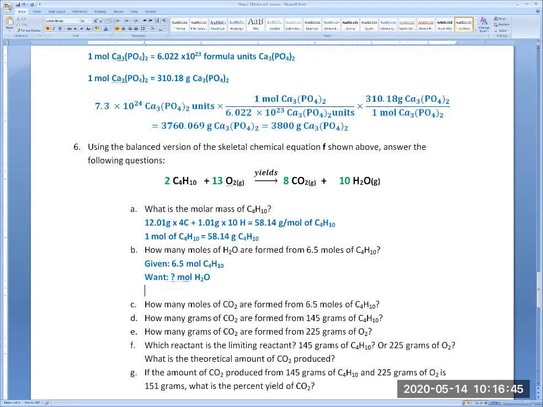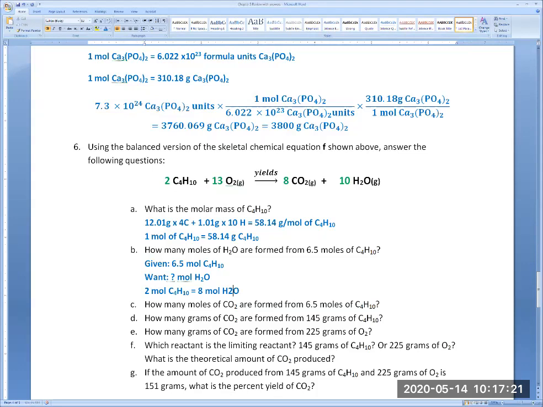And so we saw that this equation that is given is giving you the proportions in moles between C4H10 and H2O, and it says that 2 moles of C4H10, and we say equal, even though it's not really an equality, per se, but the equal can be read as will lead to or yields or produces 10 moles of H2O, right?